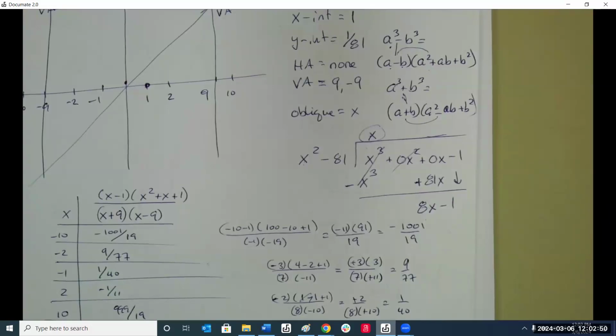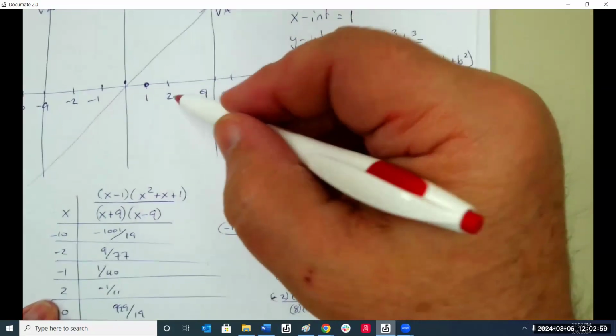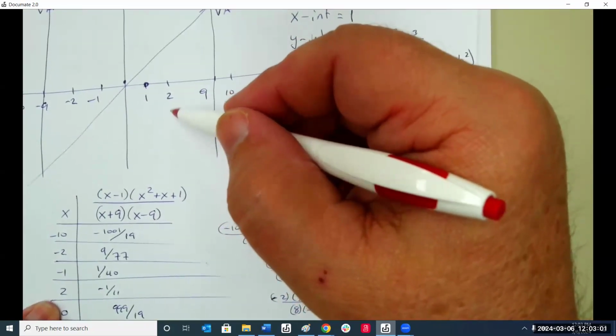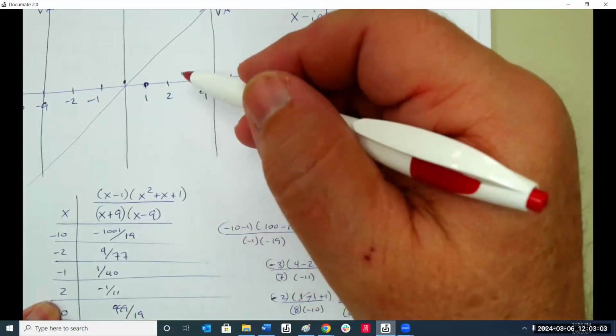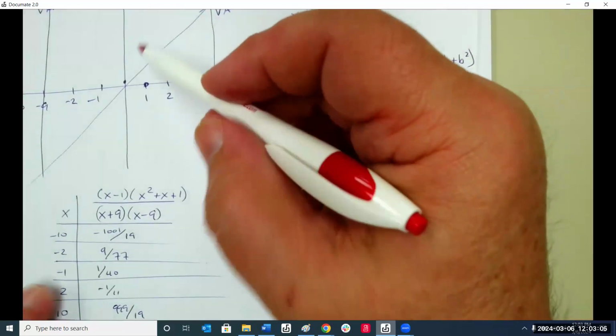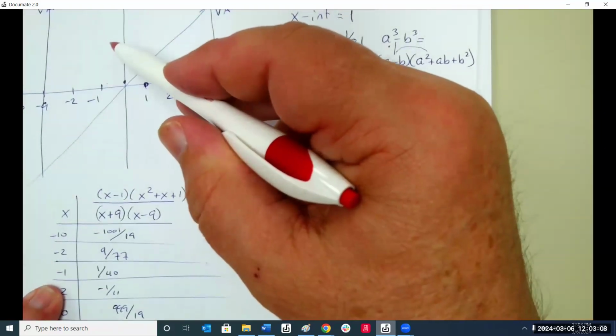This is looking pretty weird. So at 2, we had -1 over 11. At -1, we had positives.